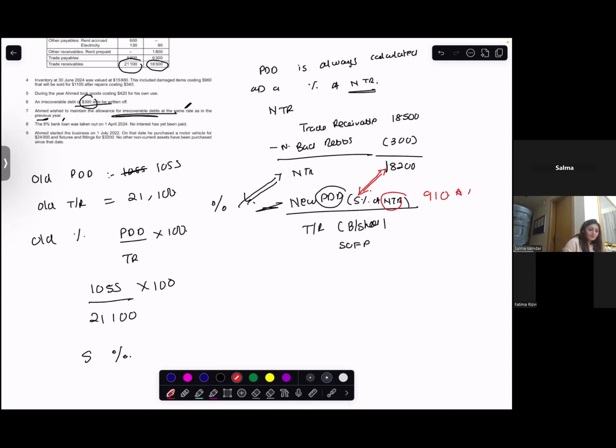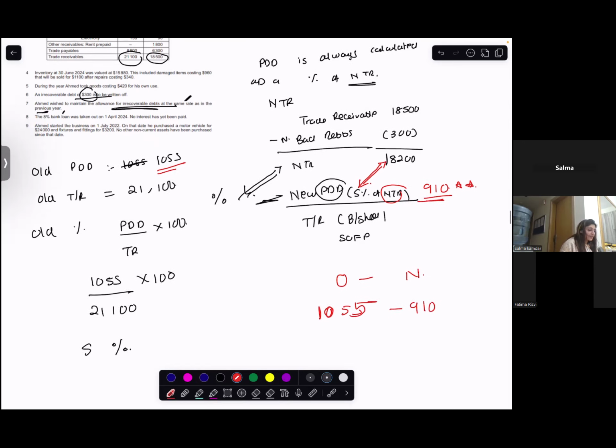Where will this go? This will not go anywhere. Old will not go anywhere. You would say old minus new. Old PDD is 1055. New is 910.